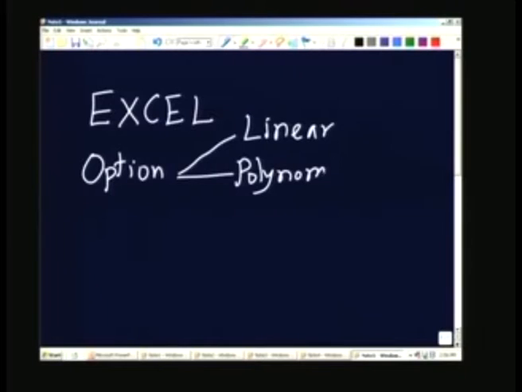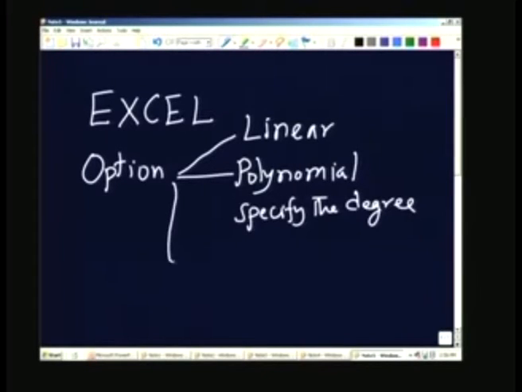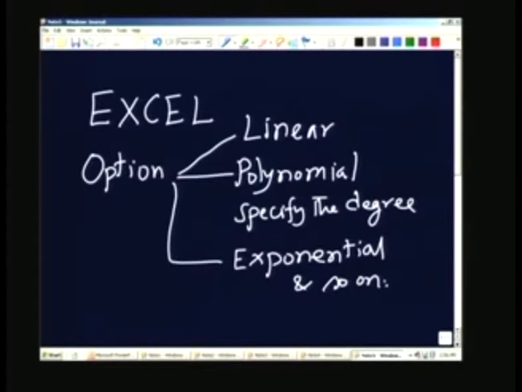When I say polynomial, I can specify the highest power or the degree of the polynomial. You can also have exponential, moving average, and so on. So, one just has to use this option, and whatever calculation procedure I showed is automatically performed by Excel itself, and I am going to get the answer straight away.